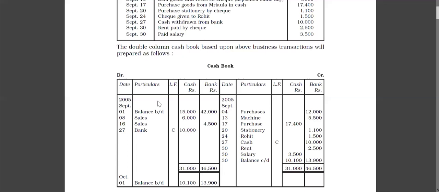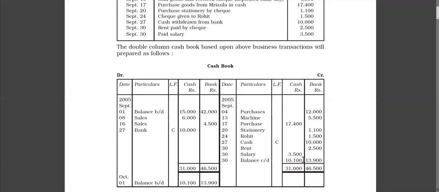As we know, the debit side is receipts, what comes in. So the debit side is in excess over the credit side. Now we show the remaining balance, which is positive, on the credit side, whether it is cash or bank, as a balancing figure.